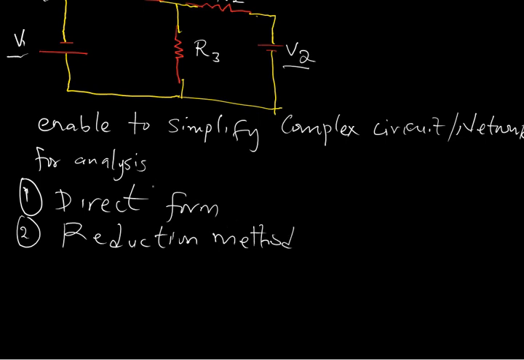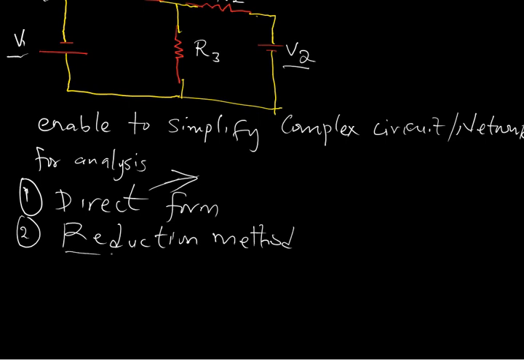So if we are looking at the network theorems that we apply directly, in a direct method, that simply means that we solve that circuit without changing the entire circuit. All right, we don't reduce the circuit to a simpler form, but we actually apply the laws or the theorems to solve the current and the voltage across the elements of the circuit.